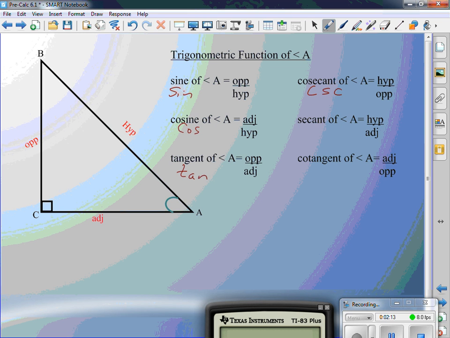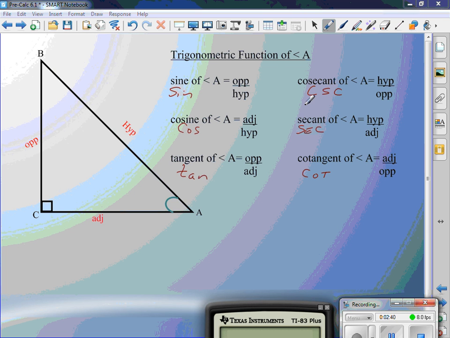Cosecant is CSC. Secant is the inverse of cosine. The abbreviation is SEC. Cotangent is the inverse of tangent, and the abbreviation is cot.